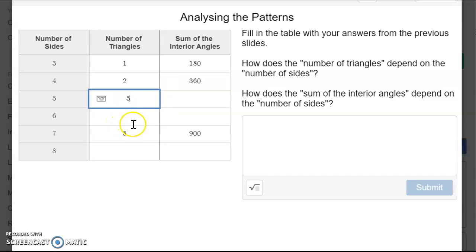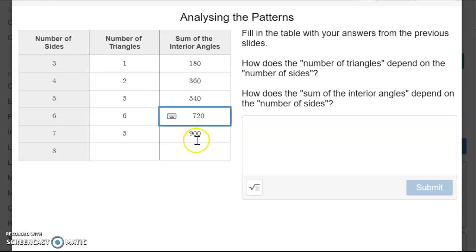The 5-sided pentagon is going to give me 540, and the 6-sided hexagon is going to give me 720. And then 900. What about the octagon? I can form 6 triangles, and therefore that's going to be 1080.